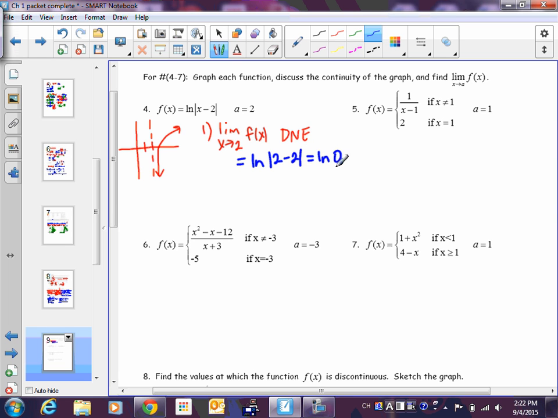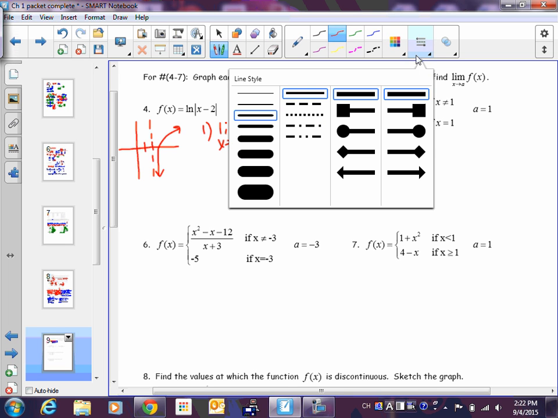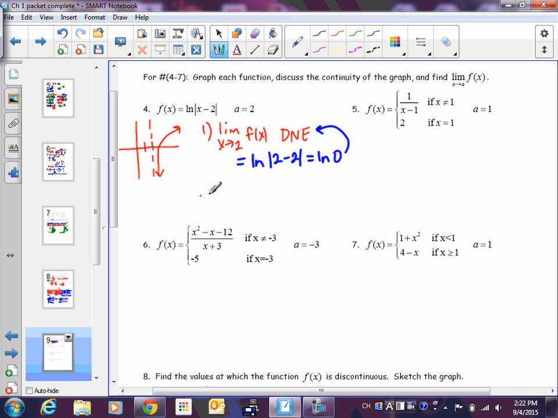Now you still need to know that natural log of 0 you can't do. So what I've written here in blue would be something you could have written. It's not something you had to write. Oh, I don't know why I'm writing condition number 2. If the limit doesn't exist, we stop right there and we say, therefore, f of x is not continuous at x equals 2.